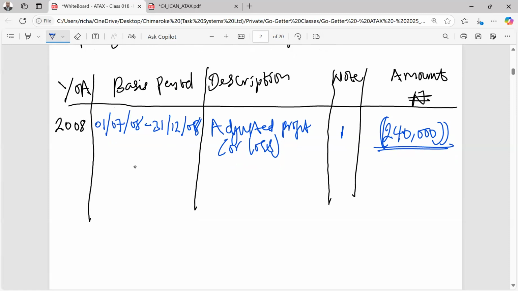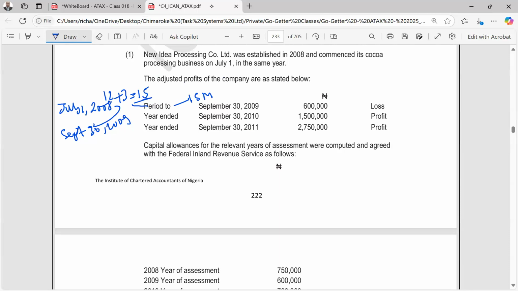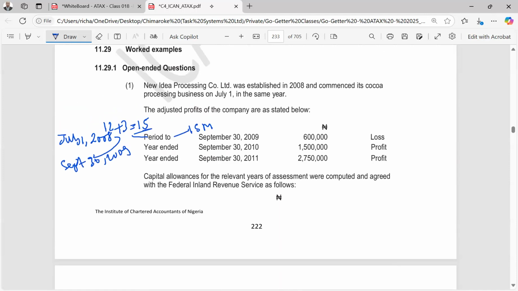Then we are going to bring our capital allowances. We say capital allowance carried forward, because we are not relieving the capital allowance, we are going to be carrying it forward. Now, because we are dealing with capital allowance, we want to know the kind of business this person is dealing. It's a cocoa processing business. It's a manufacturing company, and so capital allowance is not restricted.